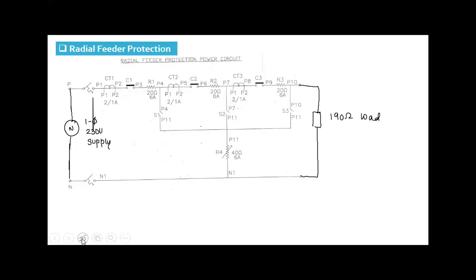Okay, now what will be the circuit diagram if I draw? Circuit diagram will be like, draw this diagram. Okay, it will be useful for you in calculation. Keep this diagram in your book with you.